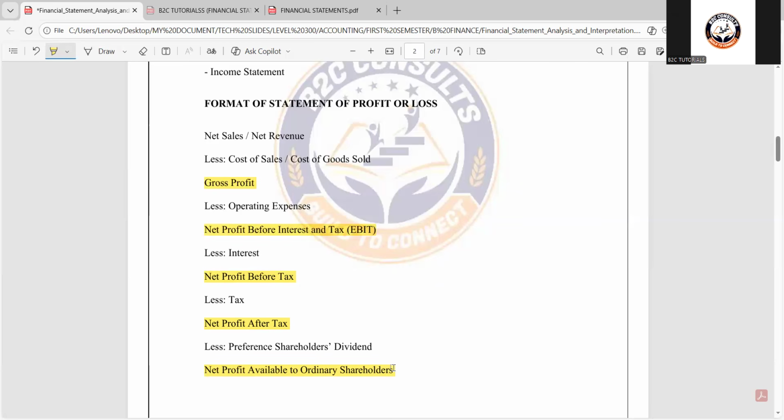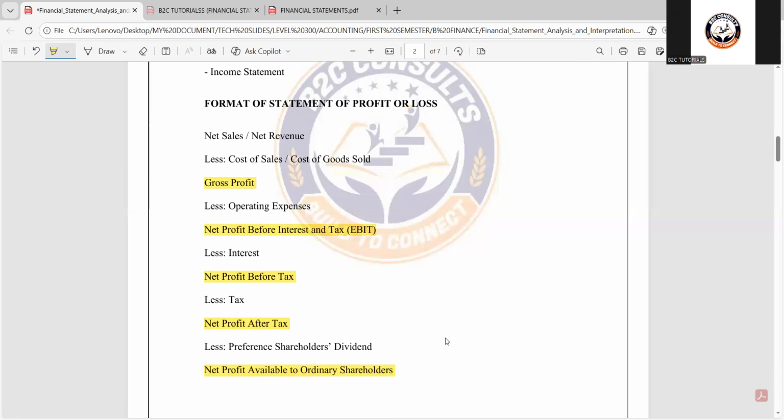If you want to know the profit that you are going to share for those people that are actually owners, you must first have paid the preference shareholders their dividend before you can know the profit that is going to be given to the actual owners of a firm. So ordinary shareholders are owners of the firm, whereas preference shareholders are not owners of the firm.